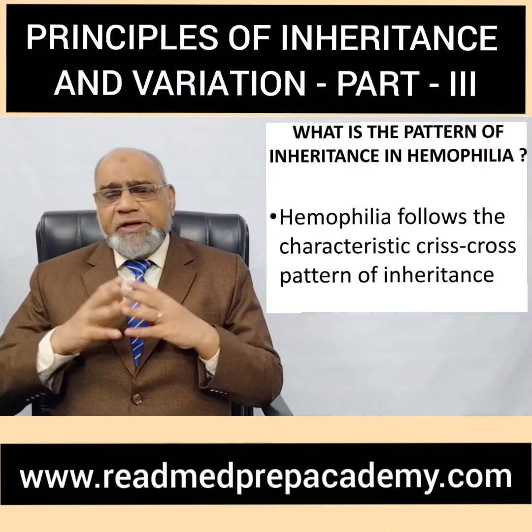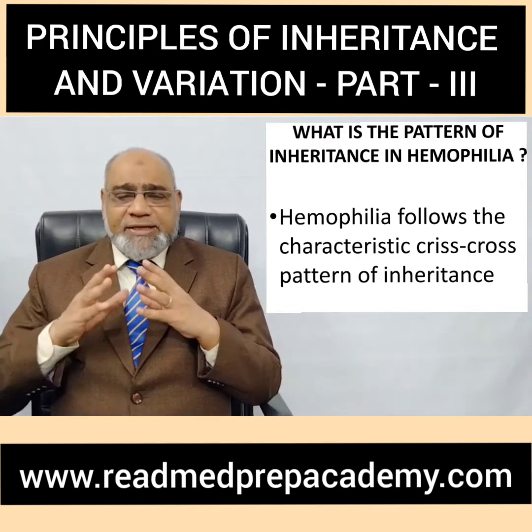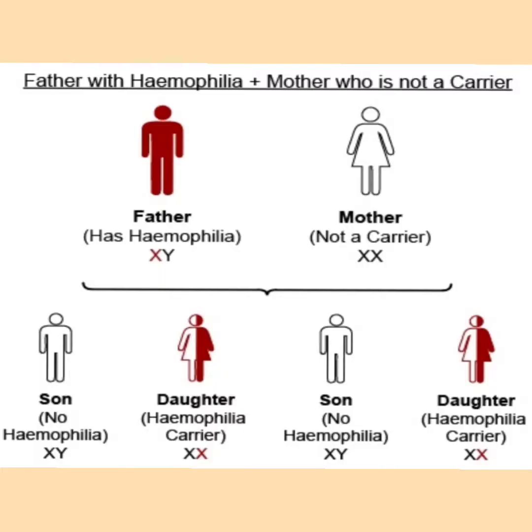The pattern of inheritance is the crisscross pattern of inheritance. For example, take the study of the inheritance where the father has hemophilia and the mother is not a carrier. Then the offspring formed will have a son with no hemophilia, and a daughter who is a hemophilic carrier.